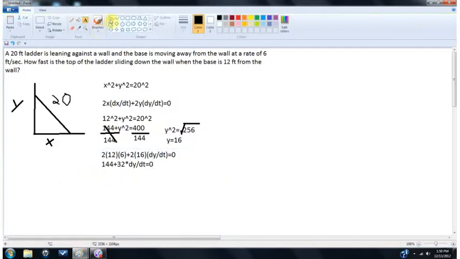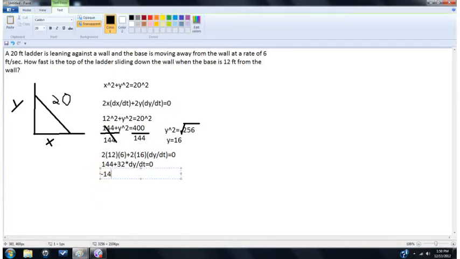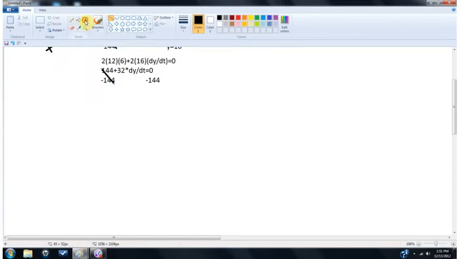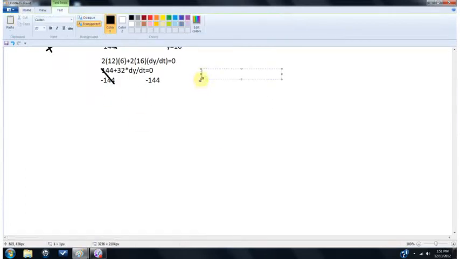In this step, we try to isolate dy over dt. So subtract 144 from both sides. So this cancels. And then we rewrite the equation: 32 times dy over dt equal to negative 144.